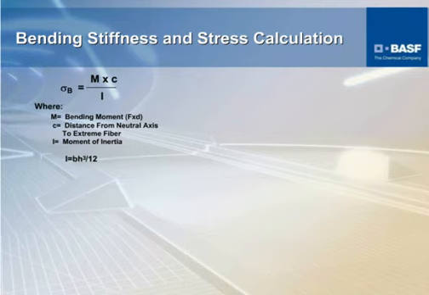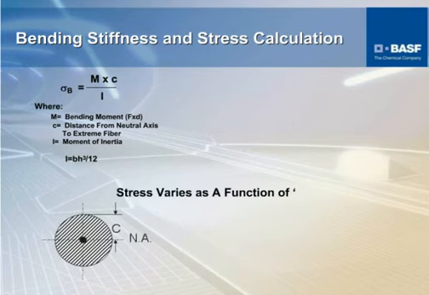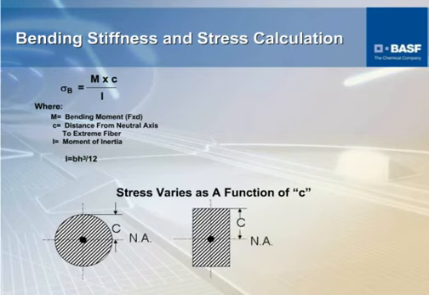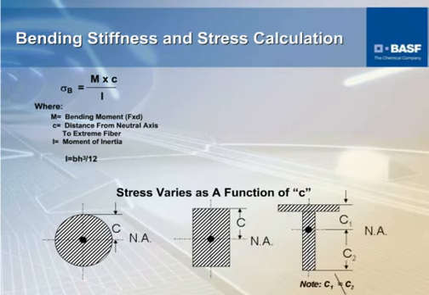One note here is a lot of people look at C and basically they think it's halfway in the section. And that is not always the case. We can see here in the first one it is the case. For a circular section, it's going to be halfway from the center of the part. Same with a rectangle here, which we're showing here. But if you have an irregular shape, say like this T section here, you can see that you actually have 2 different C's.